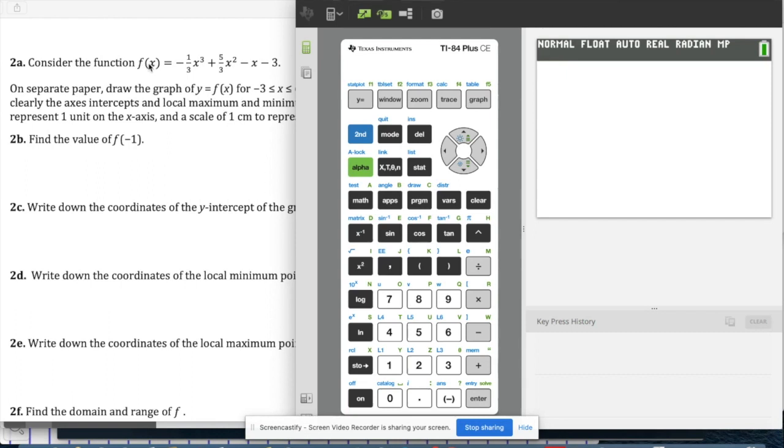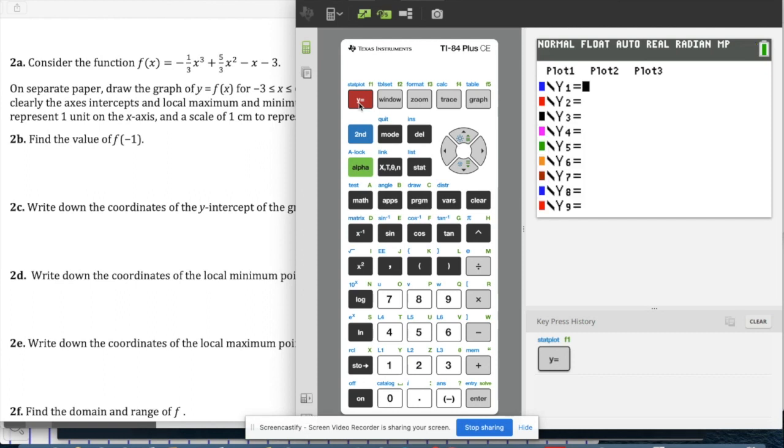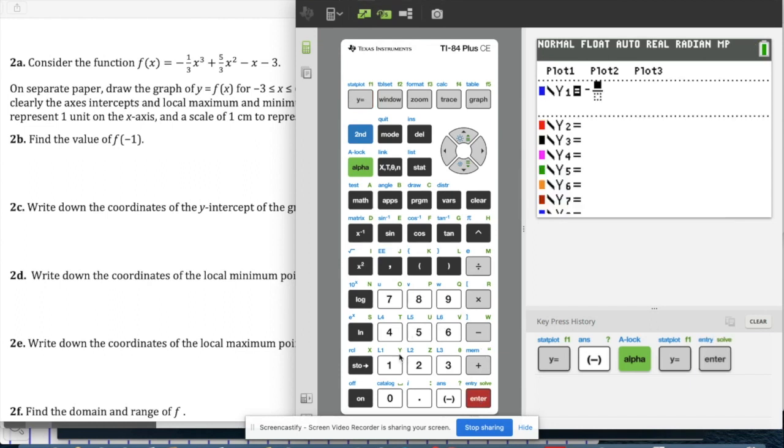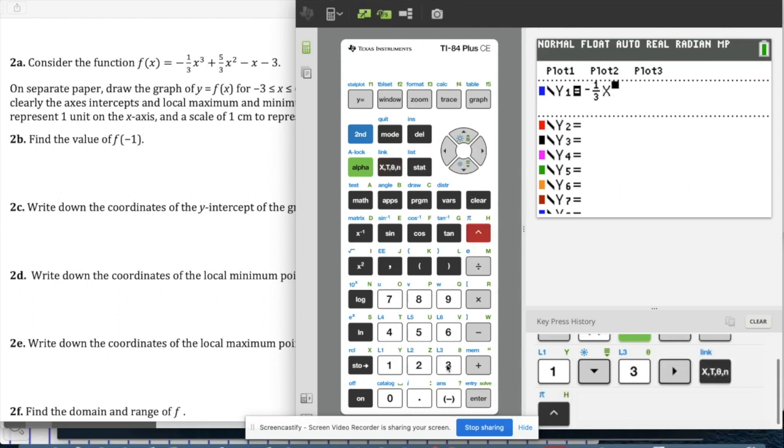Again, f of x is y, and in this case we're going to say it's y1, and I want a negative 1 over 3. Use the fraction trick here. Arrow to the right, x cubed. Arrow to the right again.